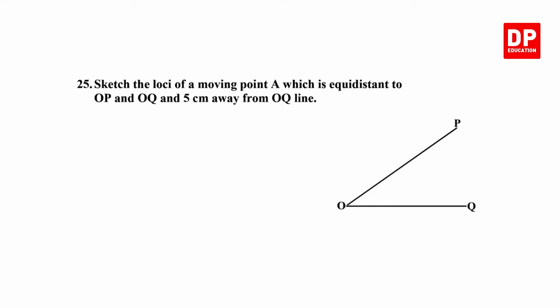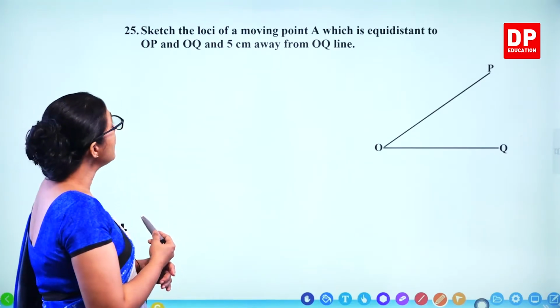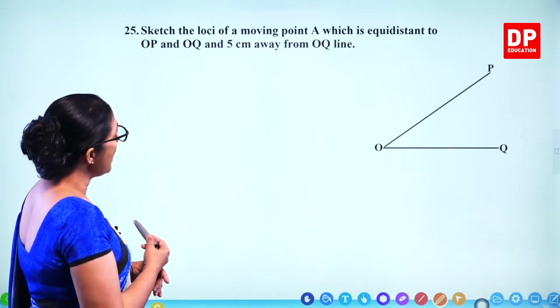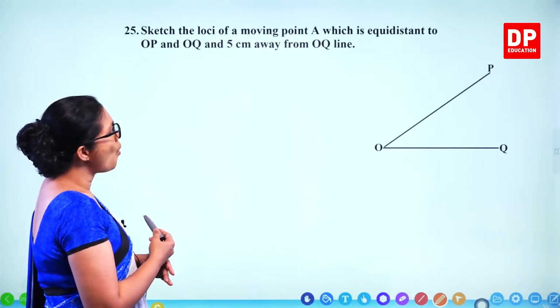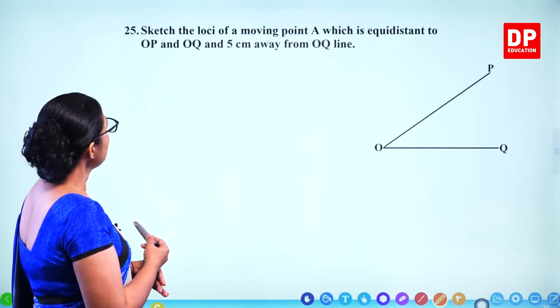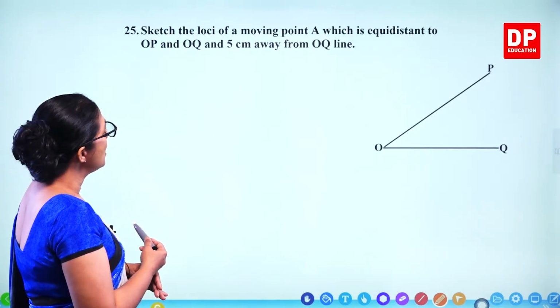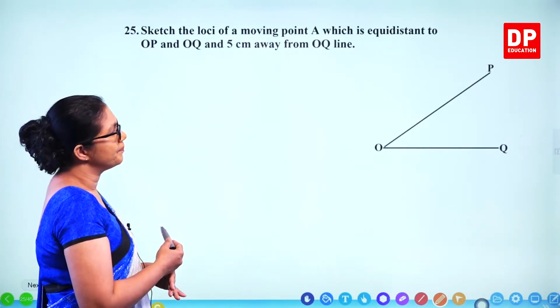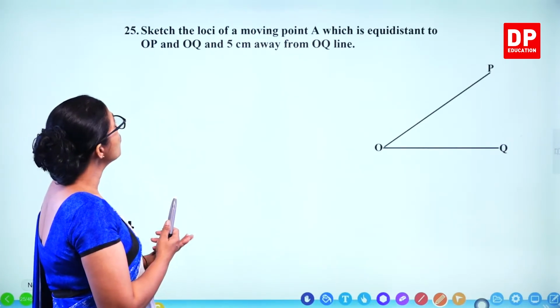Question number 25. This is the last question in part A. Sketch the loci of a moving point A which is equidistant from OP and OQ and 5 centimeters away from the OQ line. So here this is a sketch.